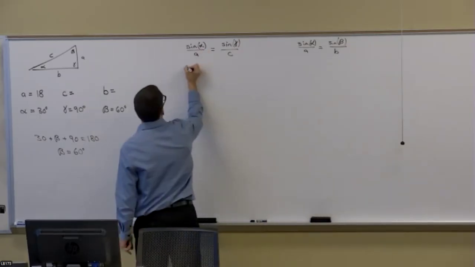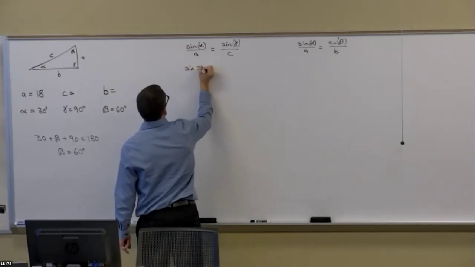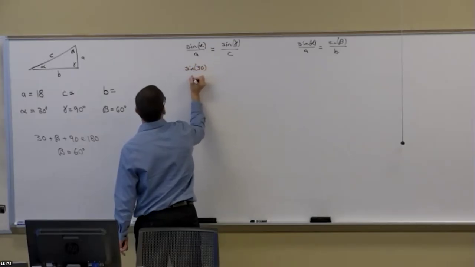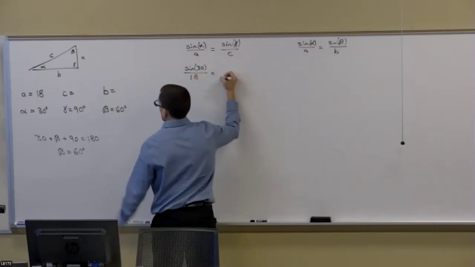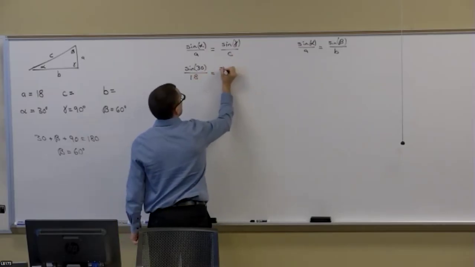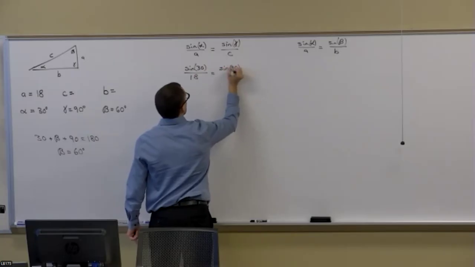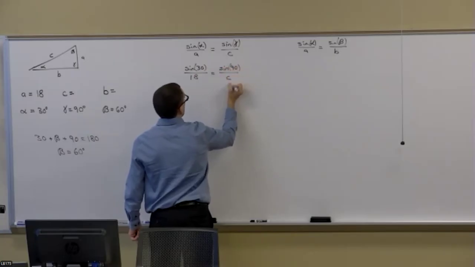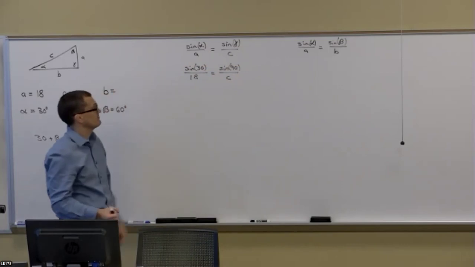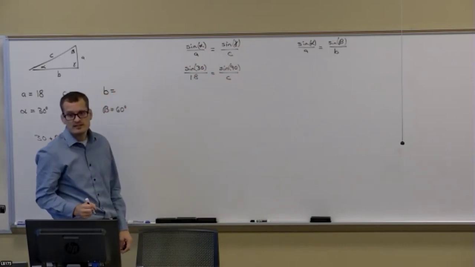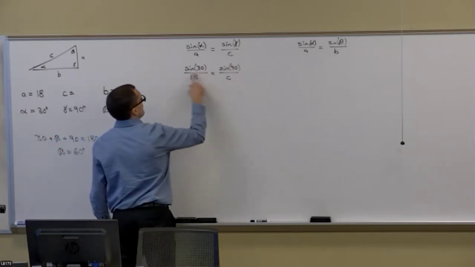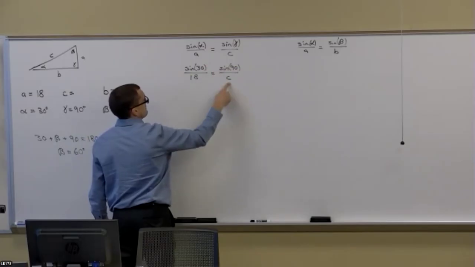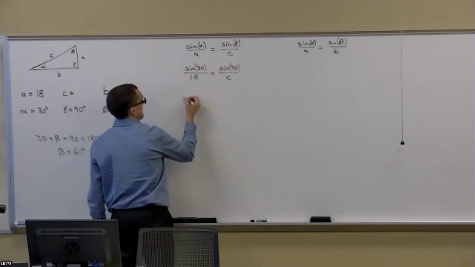Okay. We know that alpha is 30 degrees. We know that A is 18. I know that gamma is 90 degrees. I don't know what C is, but we'll be able to find it using that equation. I would multiply both sides by C and then multiply both sides by 18.